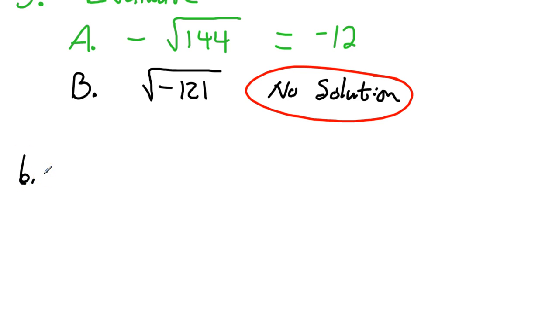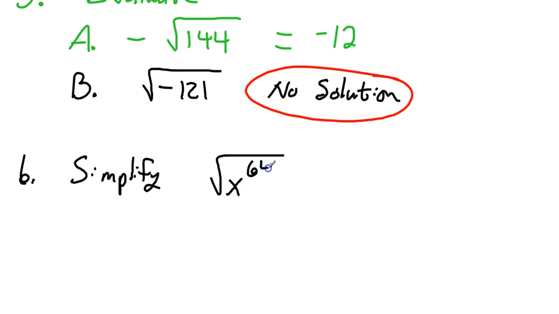Okay, number 6, again just sticking with the directions here. Simplify the square root of x to the 64th power. They're making you think about that. You don't want to have to write the x's out 64 times.